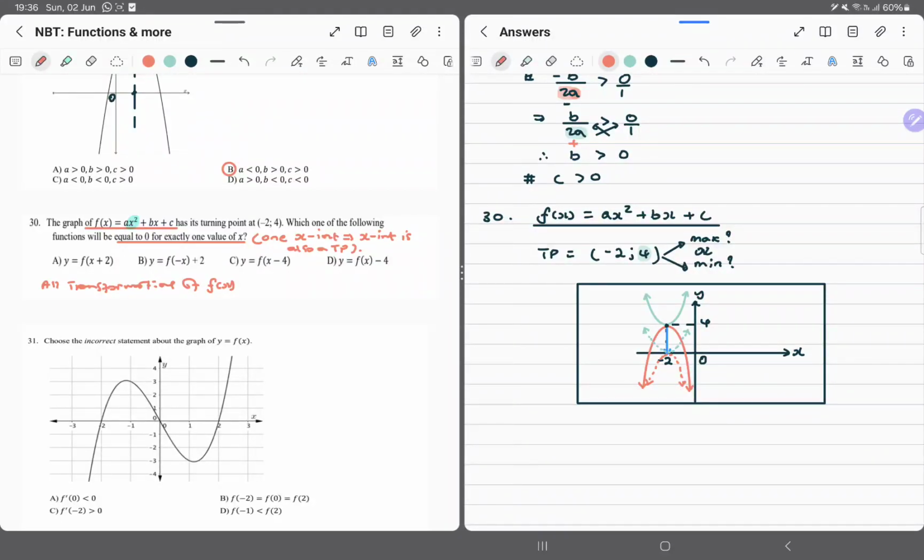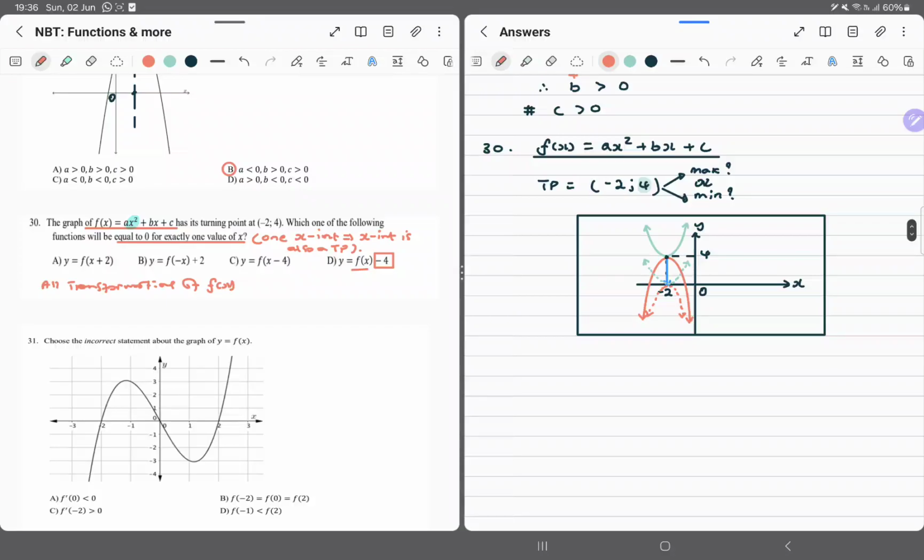So technically, to have one root, we need to move it down by 4 units. So this is a correct transformation, and we didn't change the f of x, whatever it is.